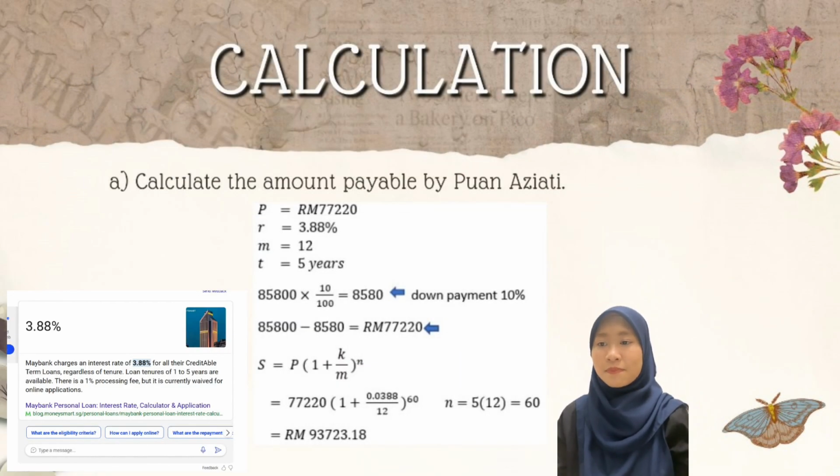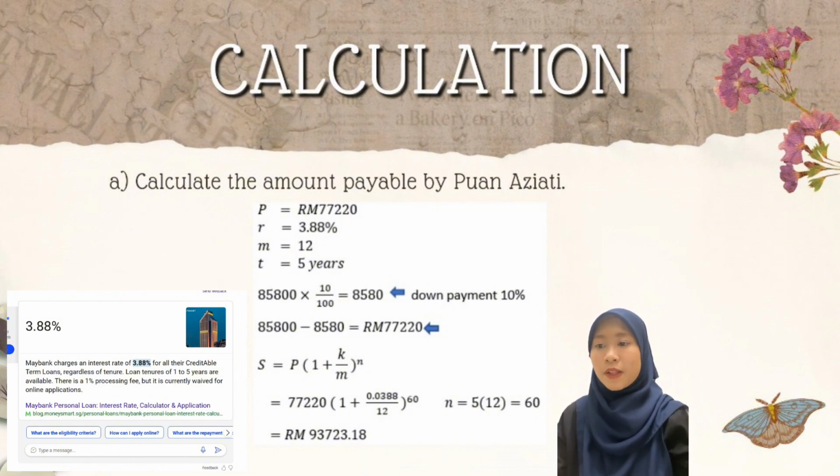After the down payment of 10%, we get 8,580 ringgit. With 85,800 ringgit minus 8,580 ringgit Malaysia equal to 77,220 ringgit. This is for principal. So we move to the formula.